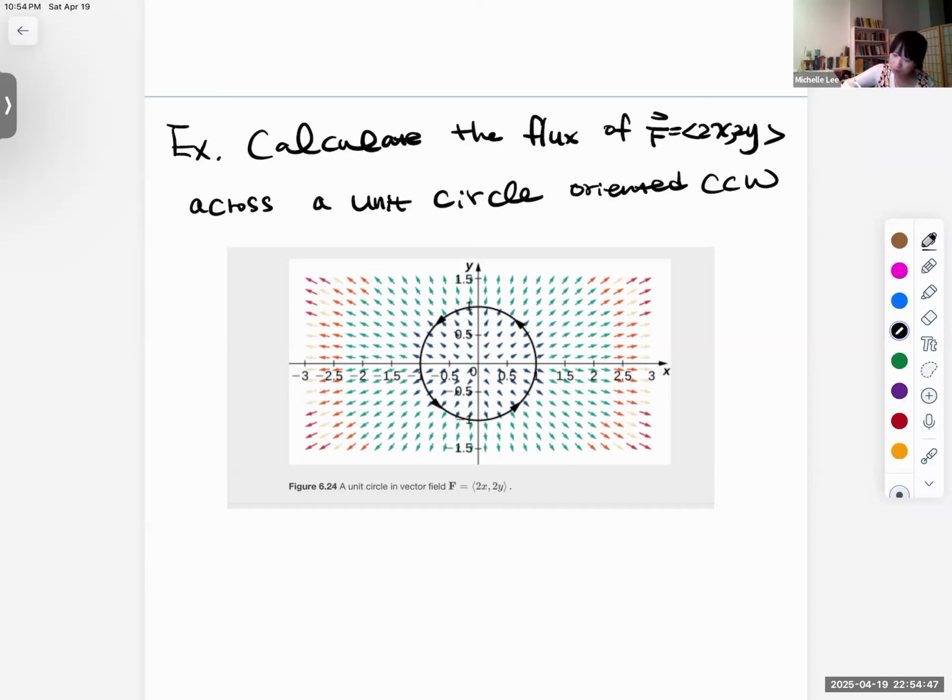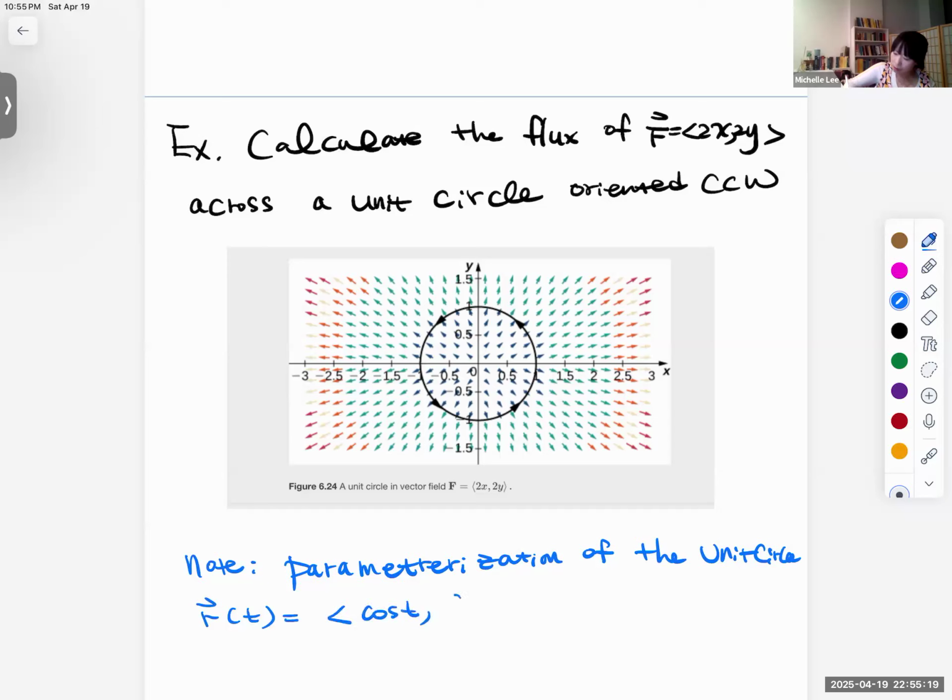So let me write down a note: parameterization of the unit circle. We make r of t equal to cosine t, sine t, where t is between 0 and 2 pi.